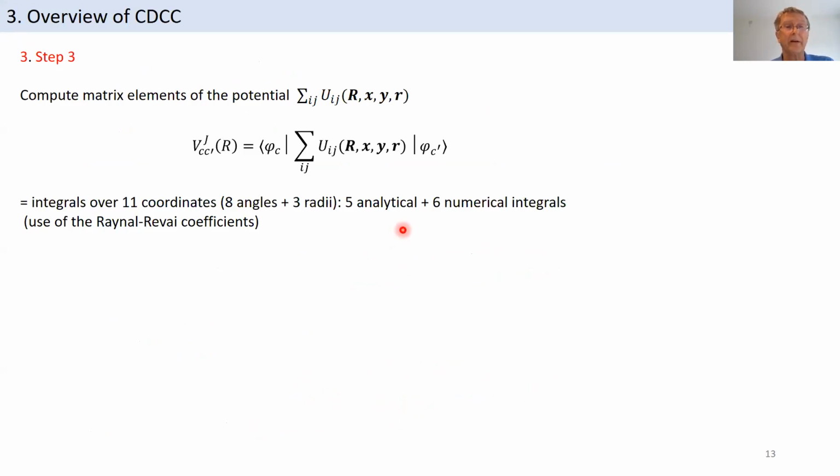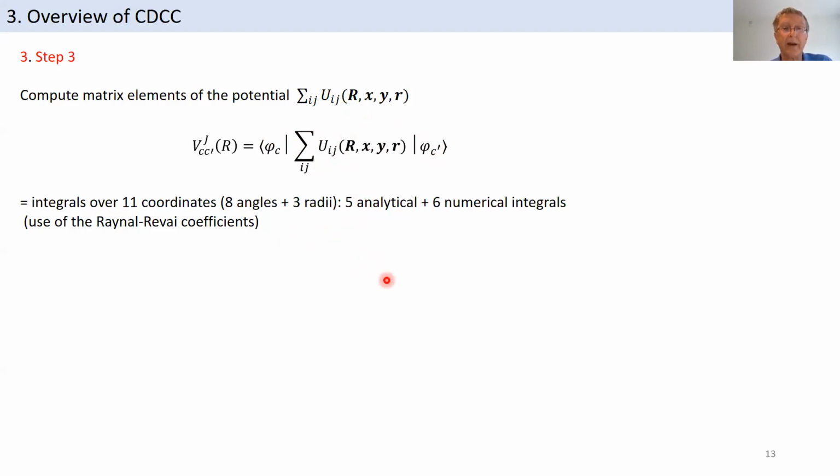And then the next step is to compute the coupling potentials, which are the matrix elements of the potentials between these channel functions. And these are rather complicated calculations.